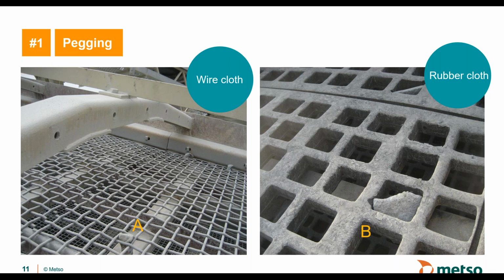So the phenomenon is exactly similar here, but with a rubber cloth you have a little bit better opportunity to maybe do something. You can blank out the area, you can remanufacture a screen cloth, you can leave blank areas on top of the cross beams, and thereby protecting the cross beams from both wear and pegging, like you can see here.